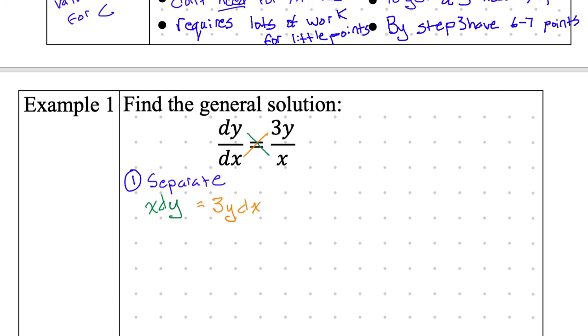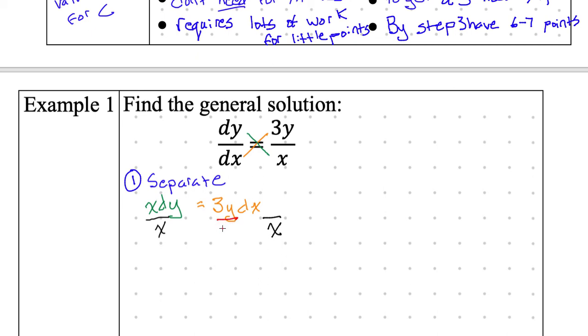So, to do that, I'm going to divide the left-hand side by x. Divide the right-hand side by x. What if we divide by dx and dy? Is that not good? Oh, actually, no, you can't do that because your dx and dy need to be in the numerator. If you do that, then you need to take the reciprocal of each side. And then I also need to divide both sides by y.